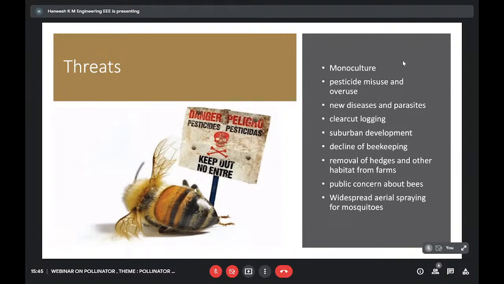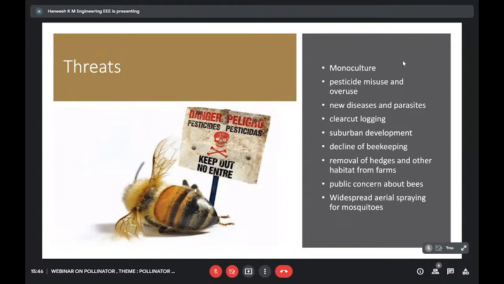And clear-cut logging means cutting down all the trees or all the plants in a particular area. This happens sometimes: the entire forest area is cleared off, and then you start some agriculture there. At that time the entire insect population in that area goes missing. And there is very fast suburban development.